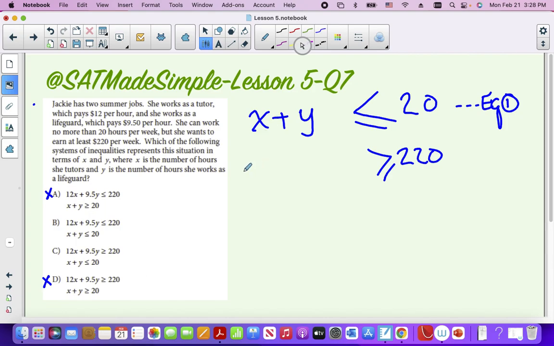X hours, that'll be 12 times X plus 9.5 times Y. That is my second inequality. C is my correct answer. It has to be greater than. So X plus Y less than or equal to 20, 12X plus 9.5Y greater than or equal to 220. So C is the answer.